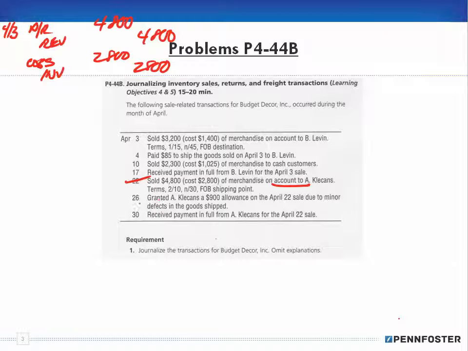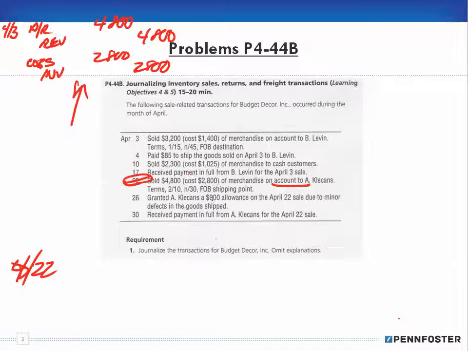Then on 4/26, we granted Kelkins a $900 allowance on the April 22nd sale, due to minor defects in goods shipped.